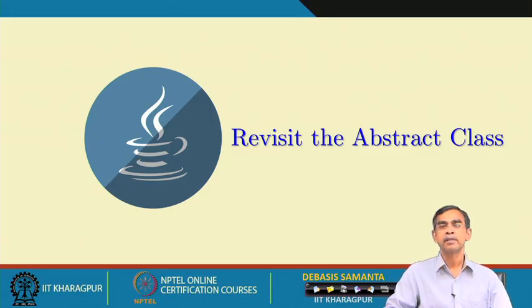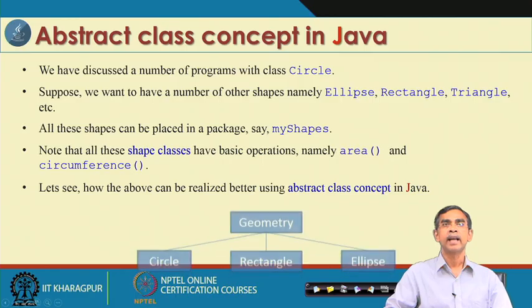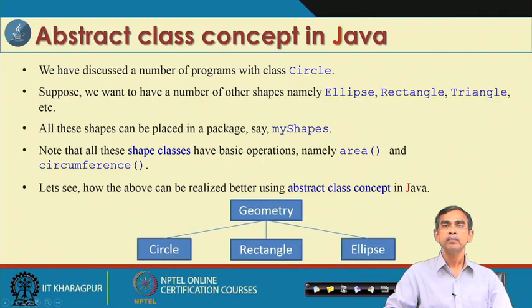want to start with the abstract class. The abstract class concept we have already discussed while discussing inheritance. So, a class can be declared as an abstract class, as we know, by using the keyword abstract. Now, let us consider a very simple example.